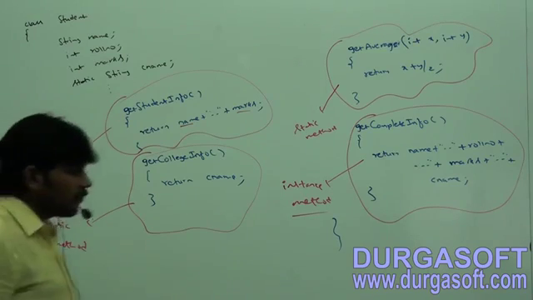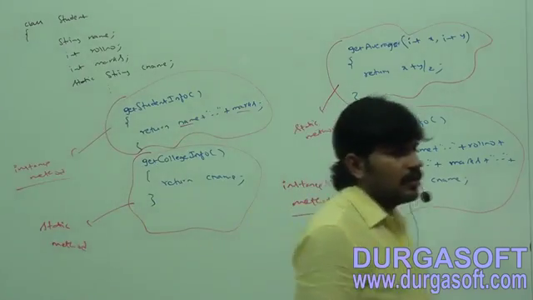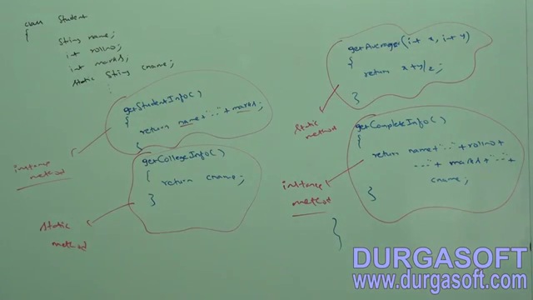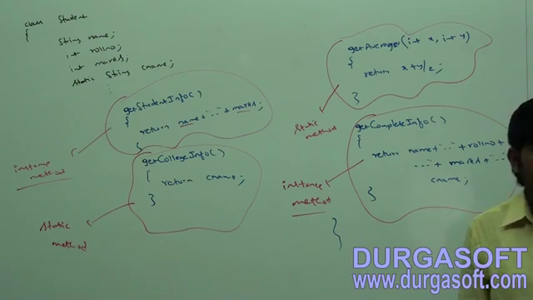Get student info, get college info: instance method, static method. Next, get average: static method. Next, get complete info: instance method.